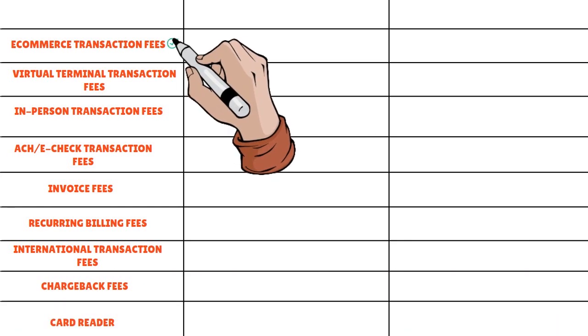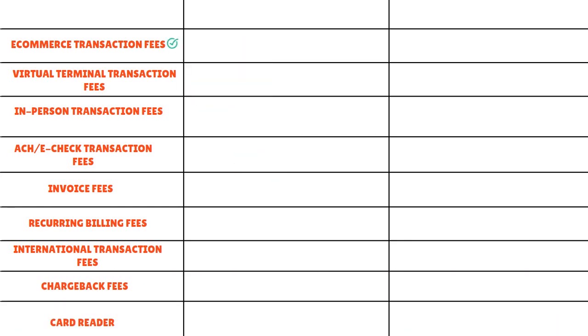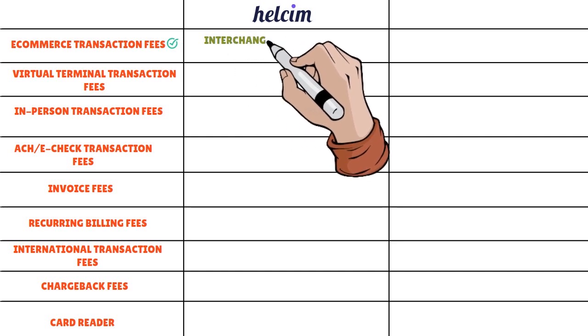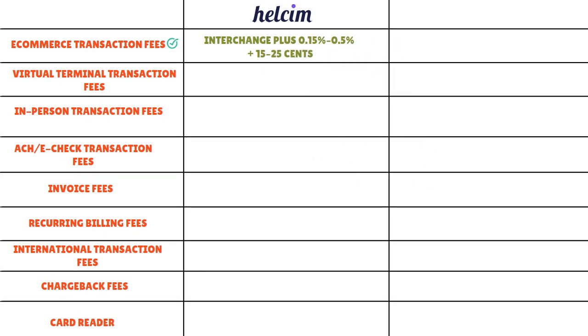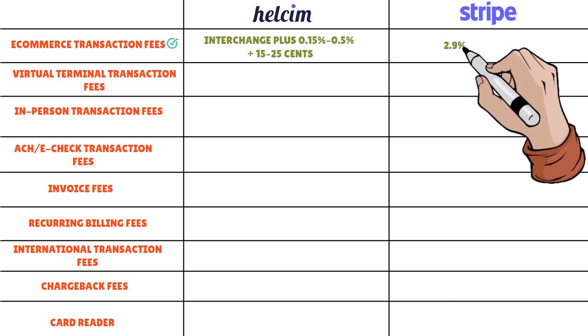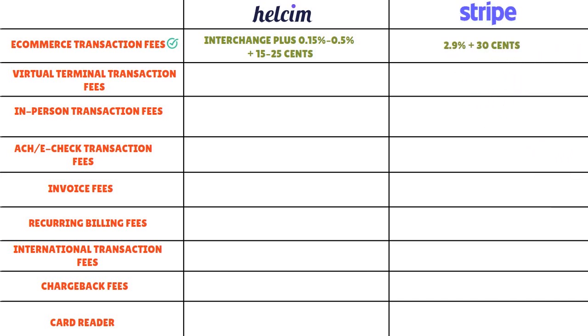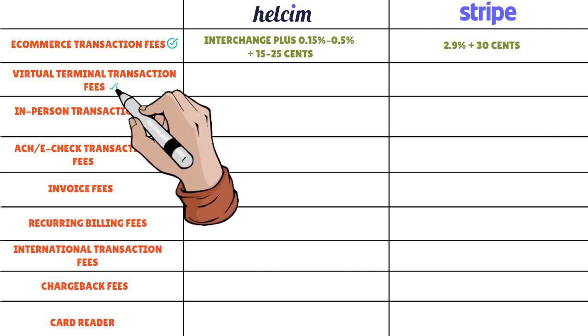You can see right off the bat that Helcim is way better when it comes to e-commerce transaction fees, because Helcim is charging you interchange plus 0.15% to 0.5% plus 15 to 25 cents. For Stripe, you are paying 2.9% plus 30 cents. So Helcim is a clear winner here.